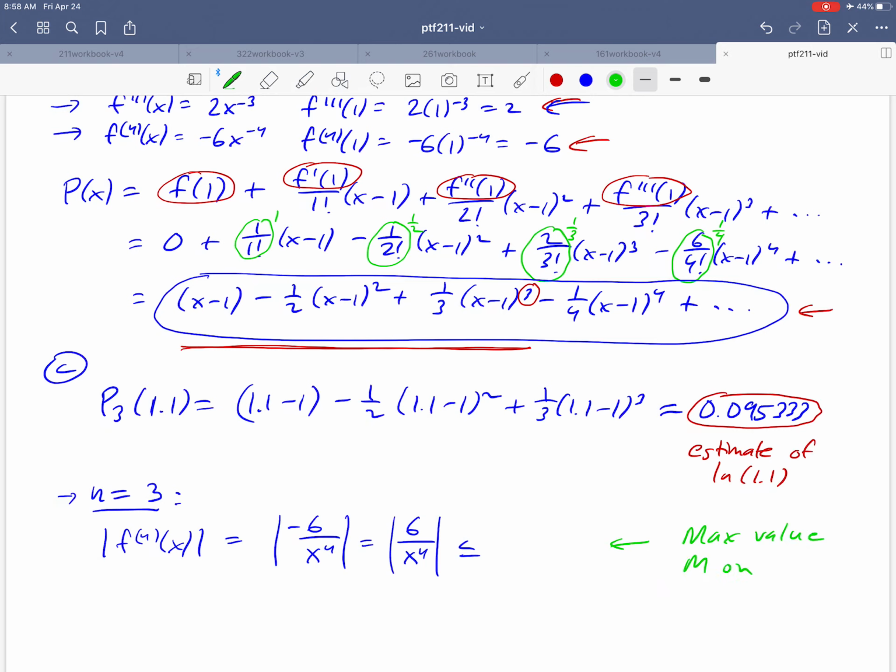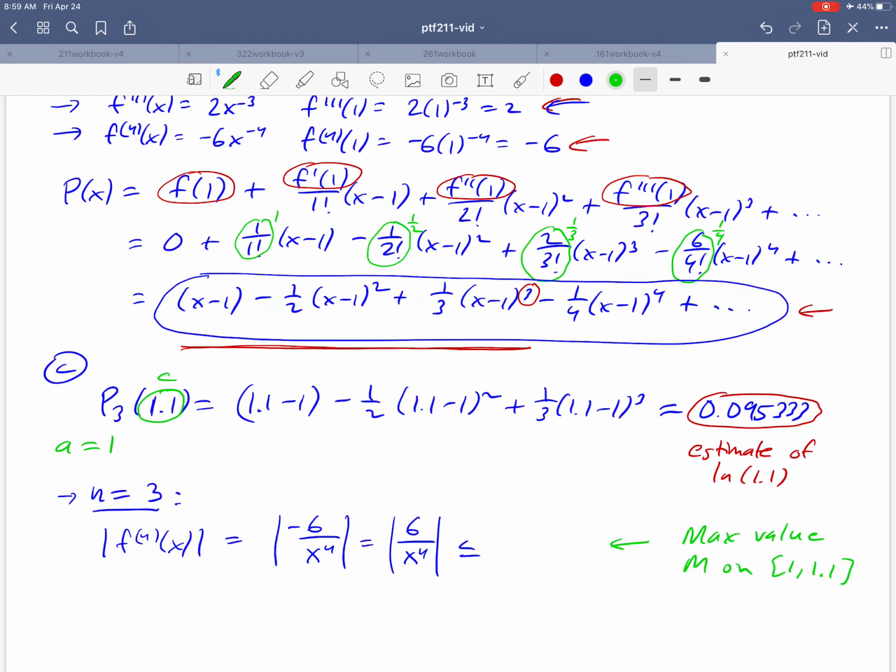In particular, we're interested in the maximum value of m on the interval from a to c. Remember again that the c is just the number that we're approximating at, and a was given to us in the problem to be 1. So we're looking for the maximum value between 1 and 1.1.